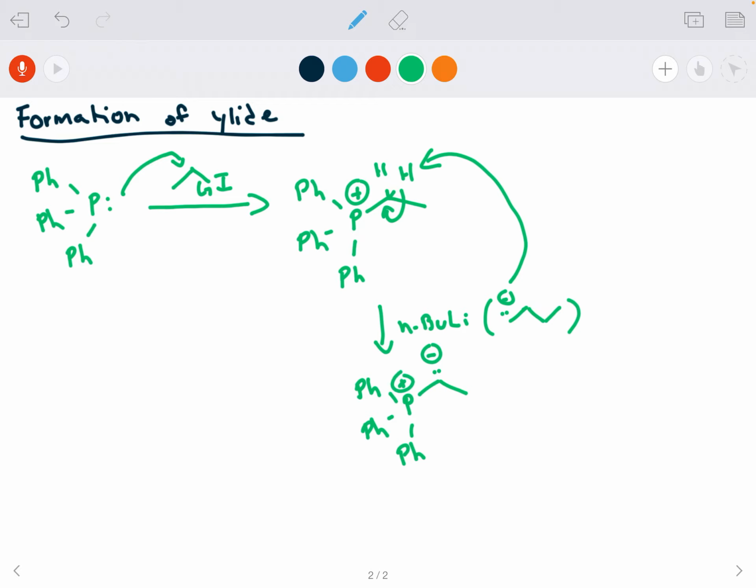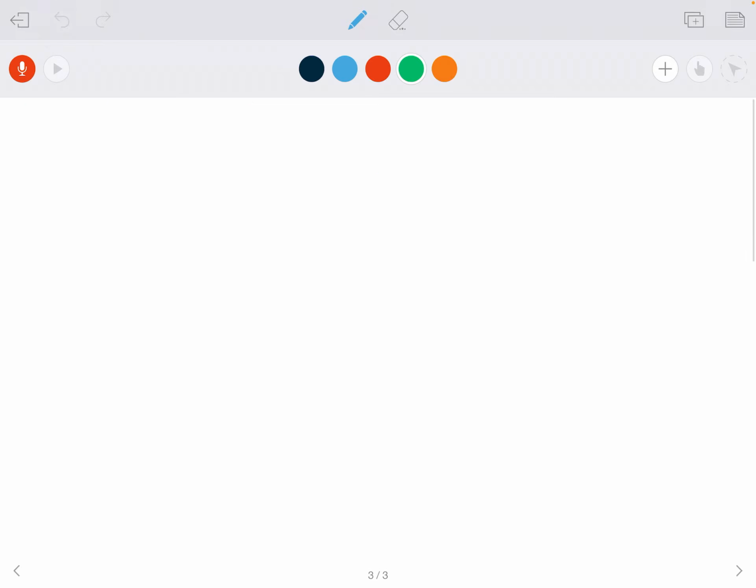So next, the ylide is going to react with the ketone or the aldehyde. So I'm going to choose that to be my ketone. And I'm going to use different colors here to help with showing the reaction. And then I have my ylide here. I have the 3 phenyl groups.